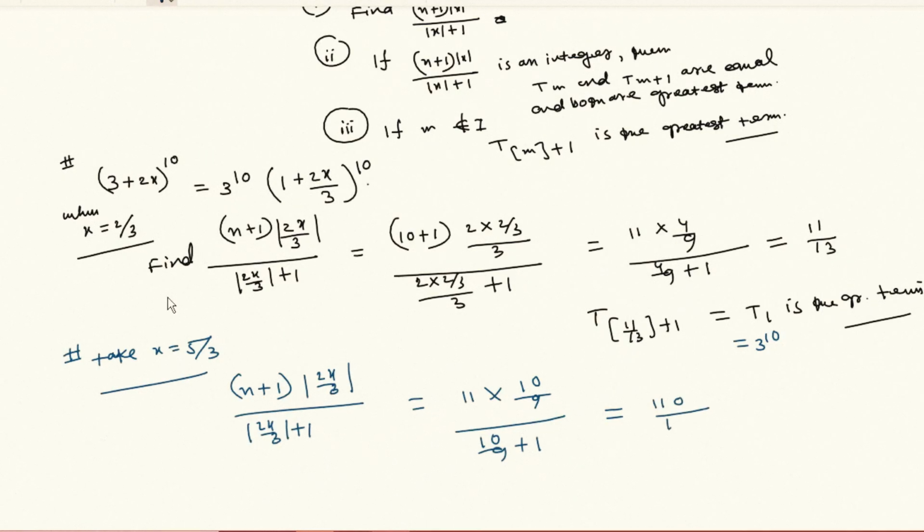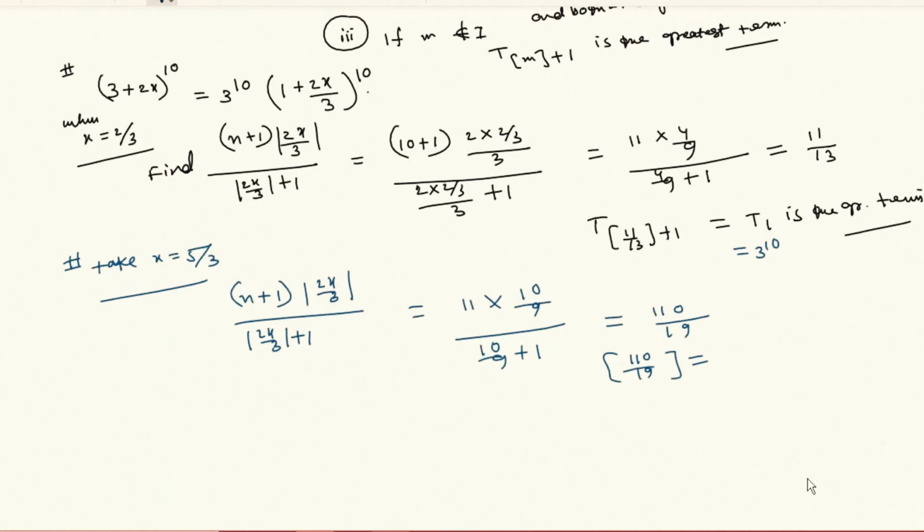110 divided by 19. Now fractional part of 110 by 19 will be what? This is going to be 9. No, this is 7, I think. 7 into 70, no, not 7, 6. 60 plus 54, yeah, 6 or 5.